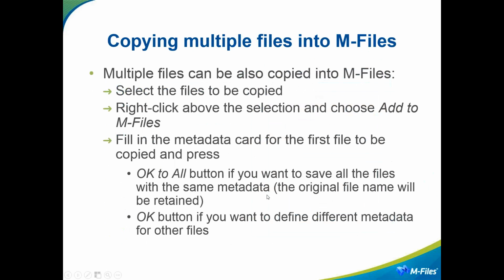OK to all will use the same metadata for all of those files, or you can click OK and define the metadata one at a time, depending on how you want to specify that information.